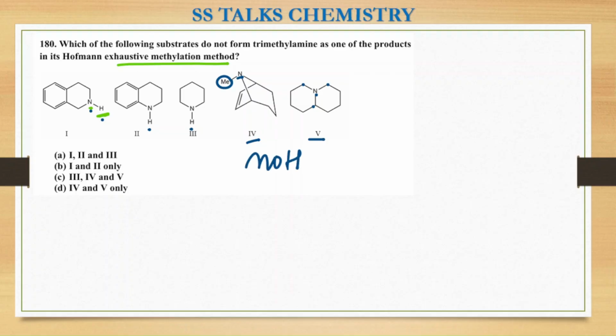That means in the fourth and fifth reactions, no exhaustive methylation can be carried out. So fourth and fifth only will not be forming trimethylamine. So this is what we wanted, those that do not form trimethylamine. That is your fourth and the fifth. Okay. So D is the correct answer to this particular question.